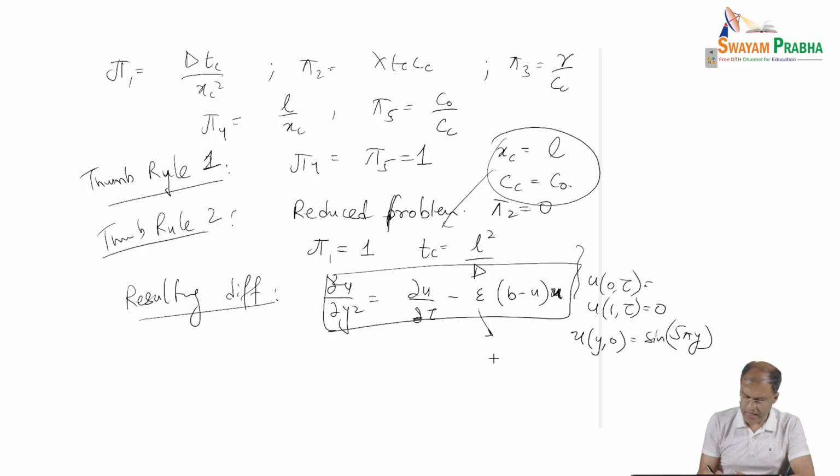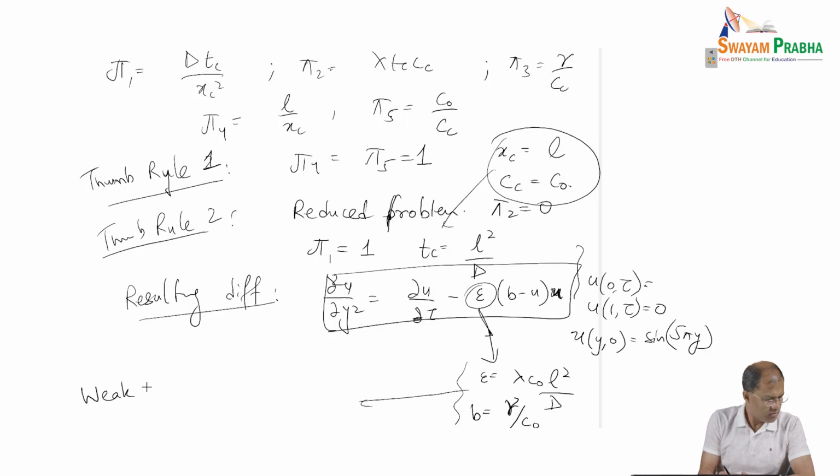And then my dimensionless parameter epsilon is lambda c naught L square by D, and b is gamma by c naught. In this case, we are talking about weak nonlinearity, so we must have that epsilon is much less than 1.